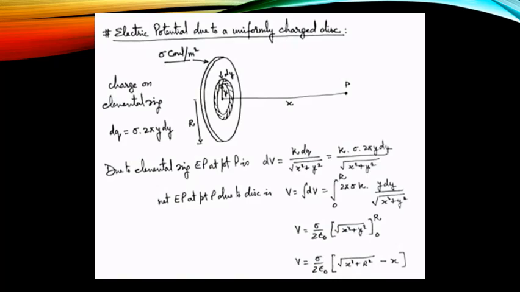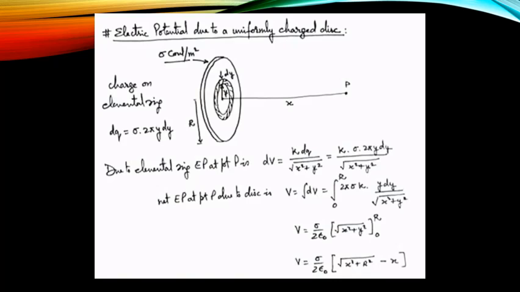Substituting the value of dq, we get dV equals k multiplied by sigma multiplied by 2 pi y dy divided by under root x square plus y square. Now to find out electric potential at point P due to the disk, we integrate the elemental electrostatic potential due to the ring over the entire disk.